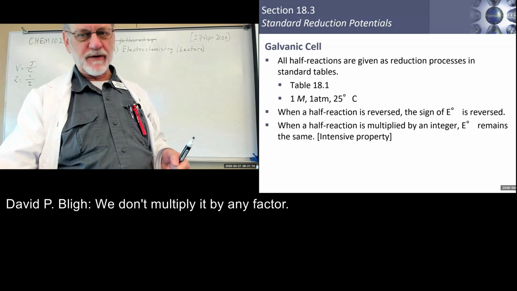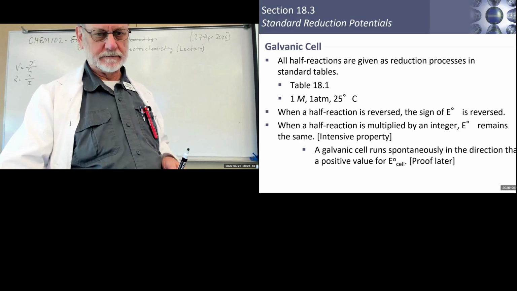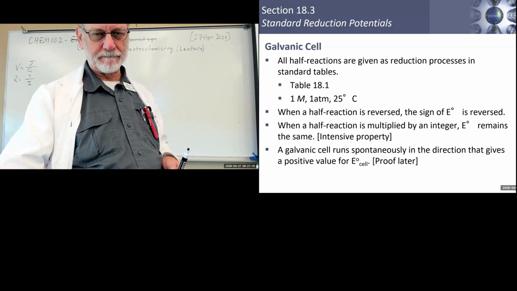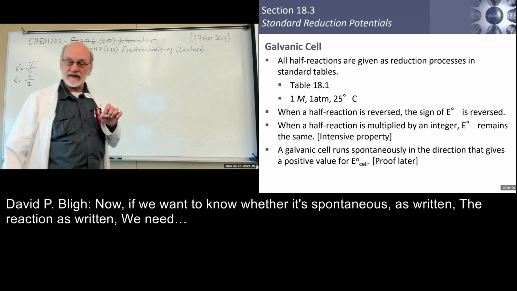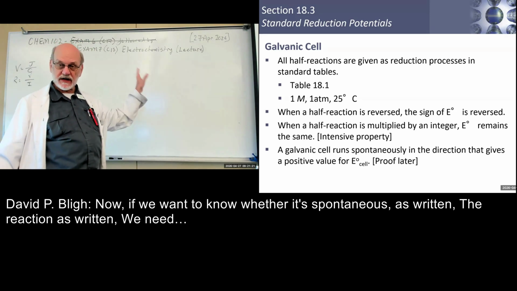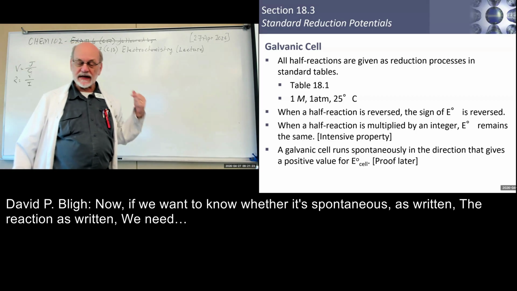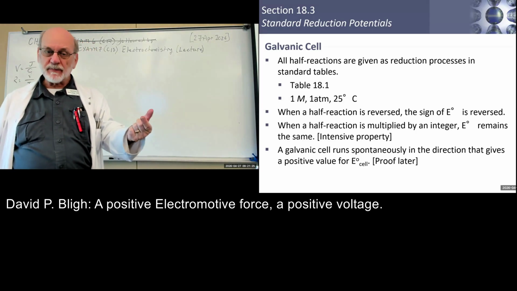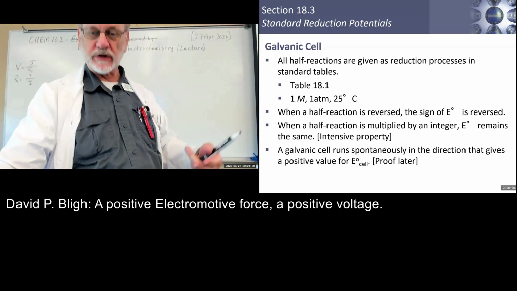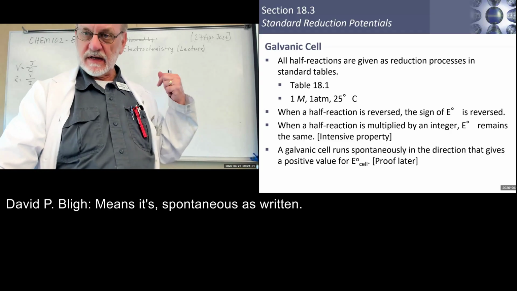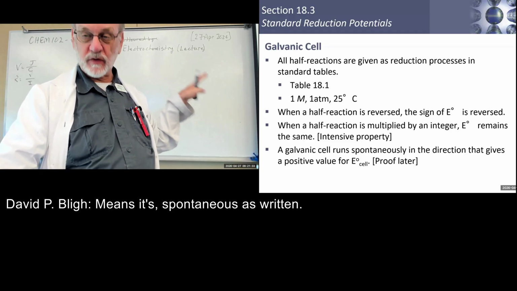We don't multiply it by any factor. Now, if we want to know whether the reaction is spontaneous as written, we need a positive electromotive force, a positive voltage. Means it's spontaneous as written.